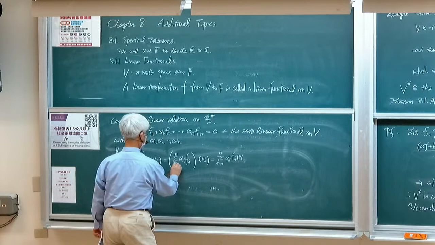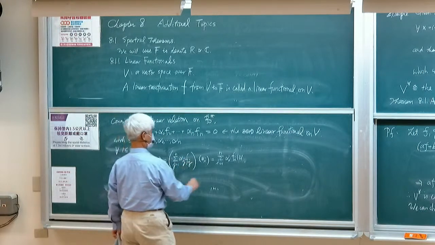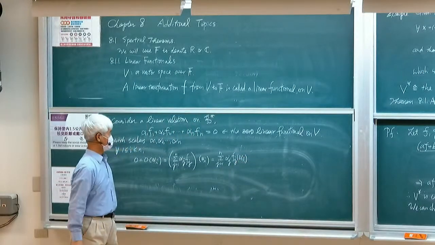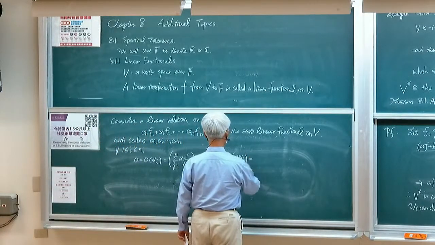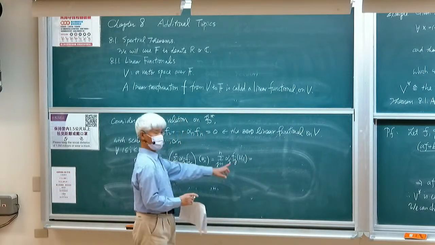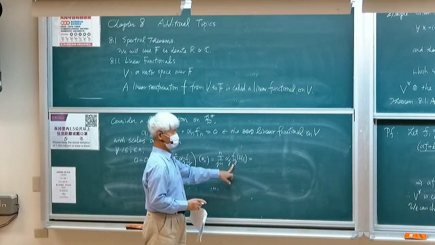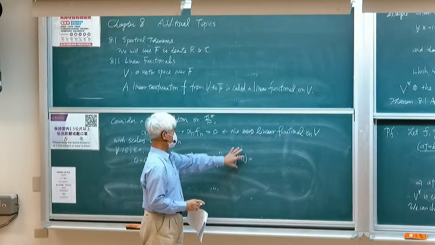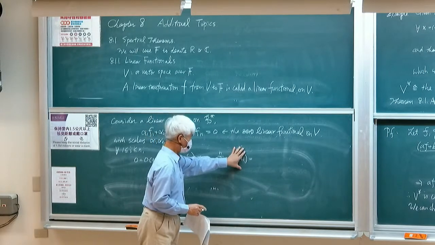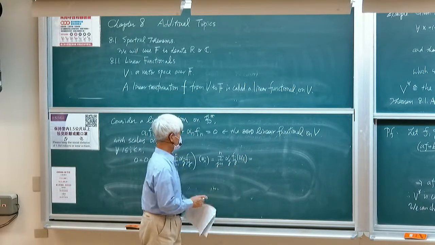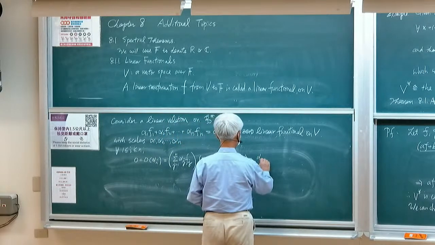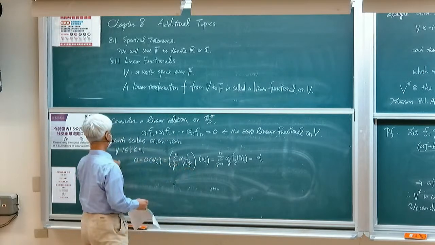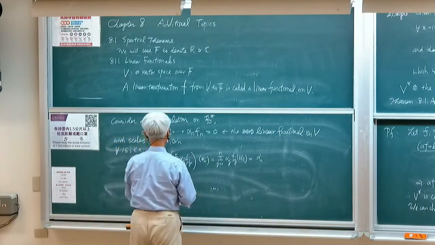I use j here, sorry. Now, because these are coordinate functions, if i is not equal to j, fi(uj) is 0, and it is 1 if and only if i equals j. So this is equal to alpha j. So alpha j is 0. So we prove that alpha j is 0.